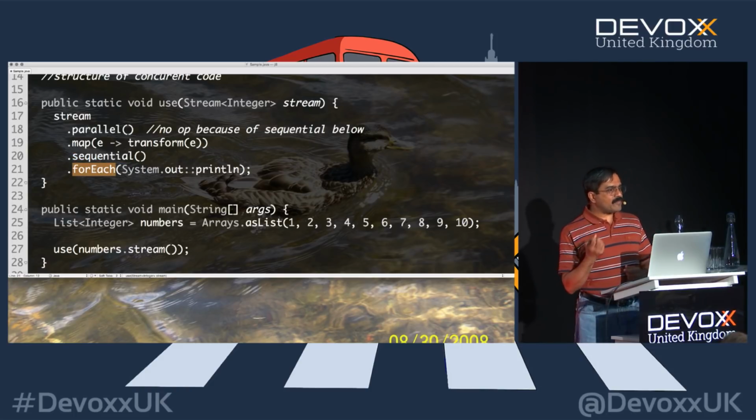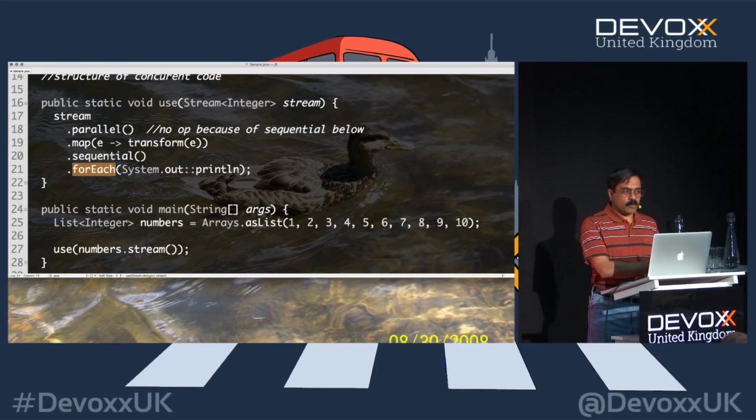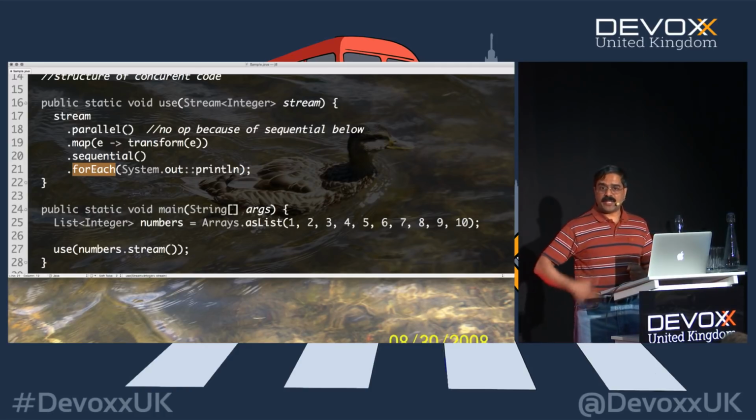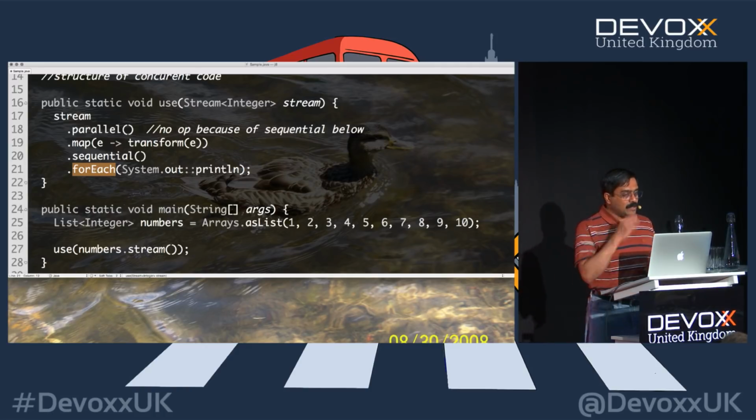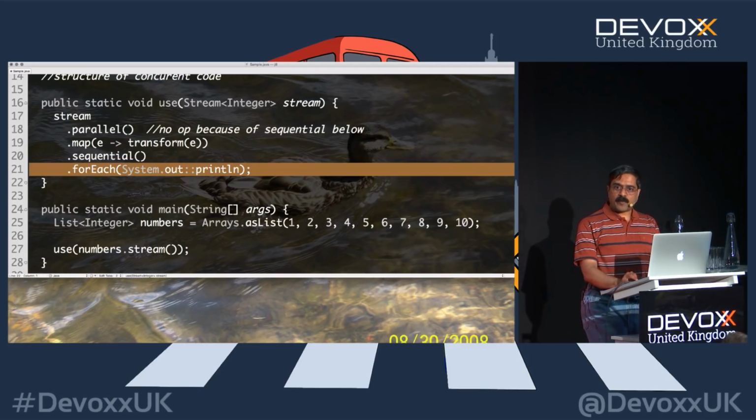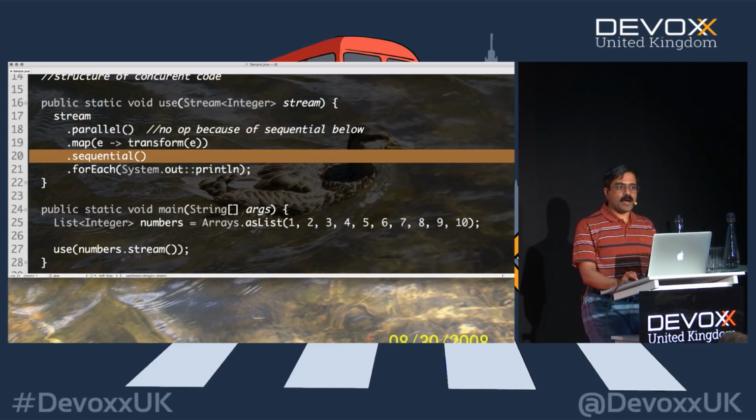So there are two kinds of operations that streams normally have. Those that are called intermediate operations and those that are called terminal operations. Intermediate operations are lazy. They get postponed evaluation until you hit a terminal operation. So the terminal operation is the decisive factor, and anything you do before the terminal operation, the last one rules.